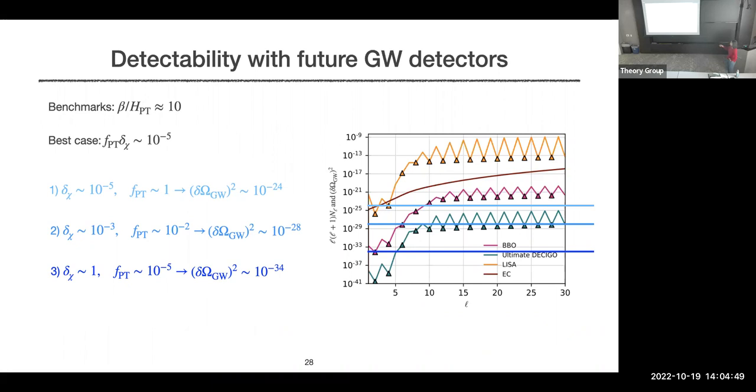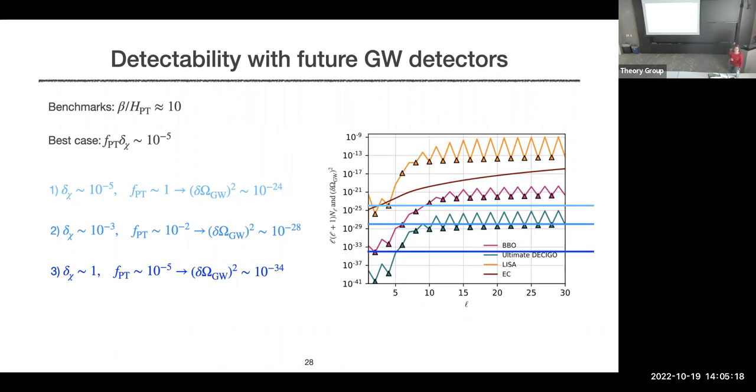With these numbers, I can evaluate the anisotropy power spectrum of my gravitational waves. Because it's scale invariant, it will be just flat, and I can lay it on top of these sensitivity curves. I see that if I increase my delta chi, the measurable signal drops very, very fast. It becomes really hard to see large deltas because of this FPT suppression.